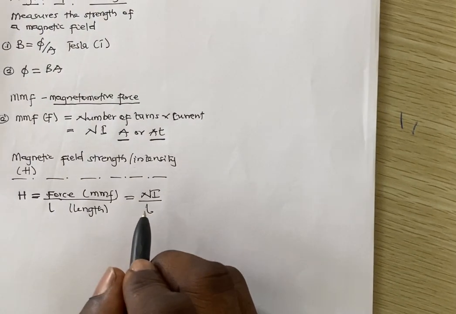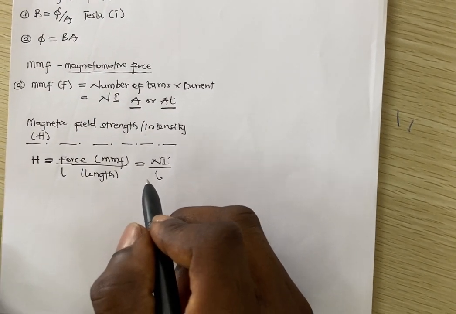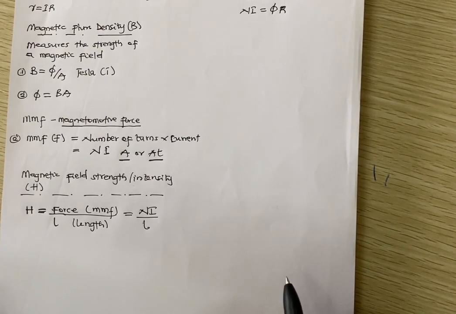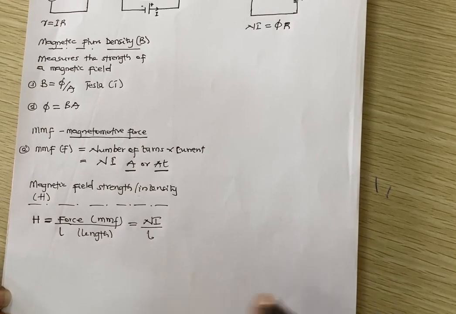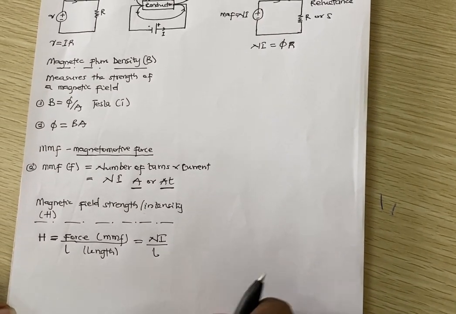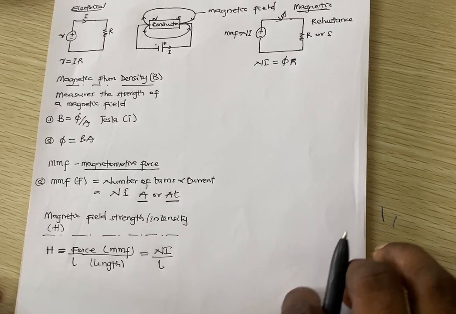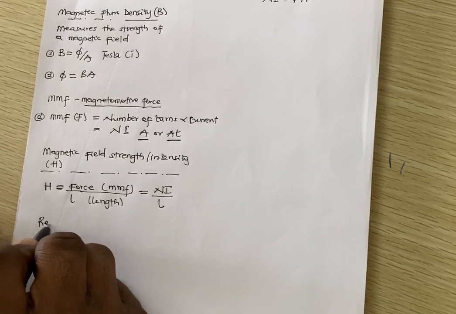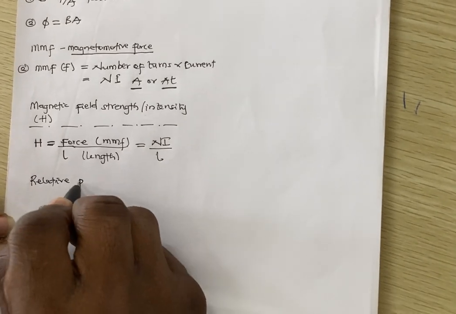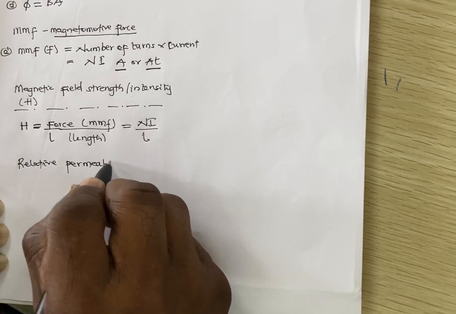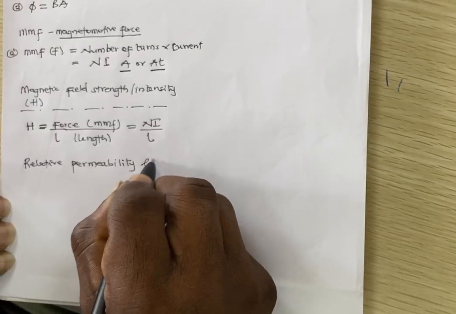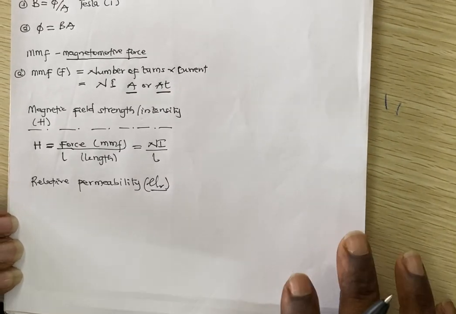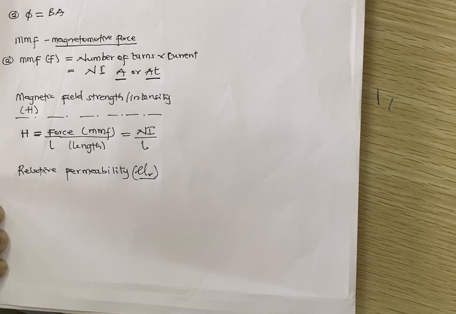Now I would have to talk about relative permeability. Relative permeability is the ratio of the permeability of a medium to the permeability of free space. Relative permeability is denoted with mu r.